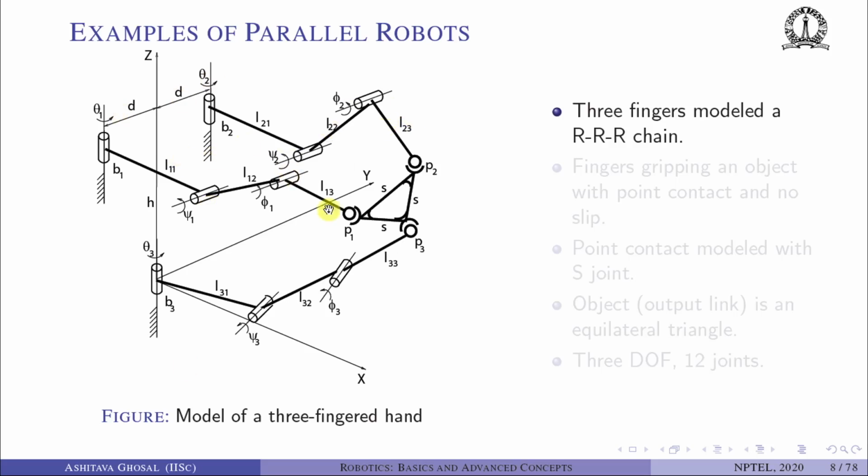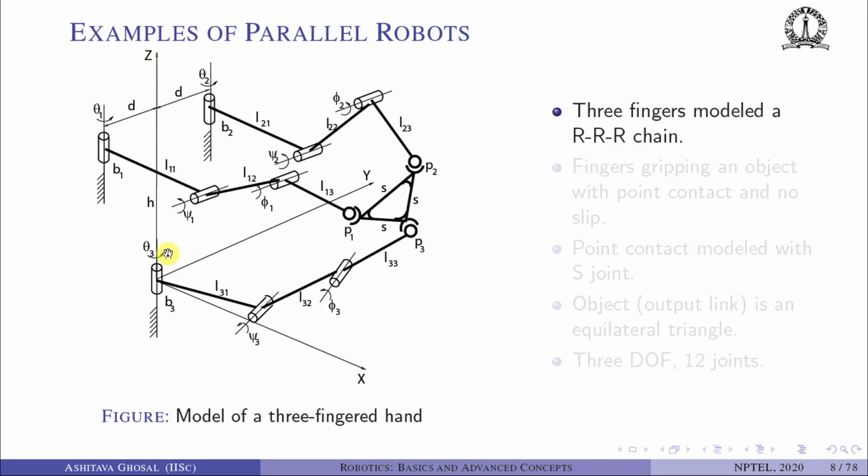So we have these 3 fingers, okay, and the link lengths are L31, L32, and L33 for the third finger, L11, L12, L13 for the first finger, and L21, L22, L23 for the second finger. Okay, these 2 fingers, index and the middle finger are separated by a distance 2d, and similarly from the center of that point of intersection to the thumb is a distance of h.